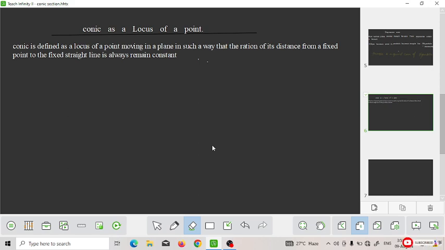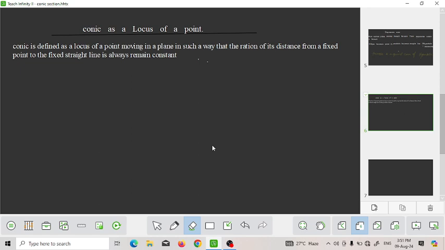In this class, we will learn what eccentricity is, and for the ellipse the major axis, minor axis, foci and vertex, and some special definitions of hyperbola and ellipse. So let's start the topic.